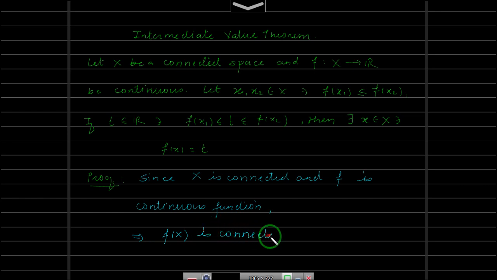The range space is a connected subset of R. Hence f at X is an interval, because we already proved that the connected subsets of R are intervals. The video will be in the playlist, you can go through the video. Hence f at X is an interval.